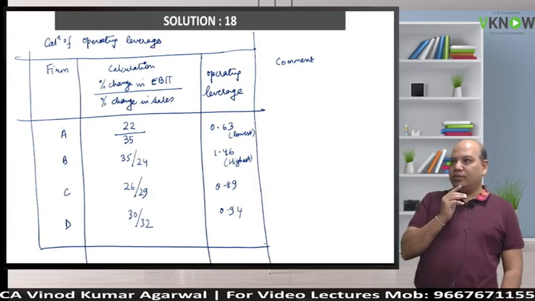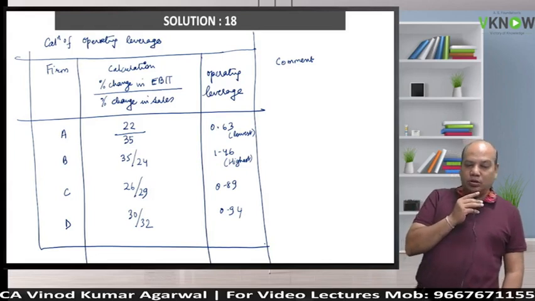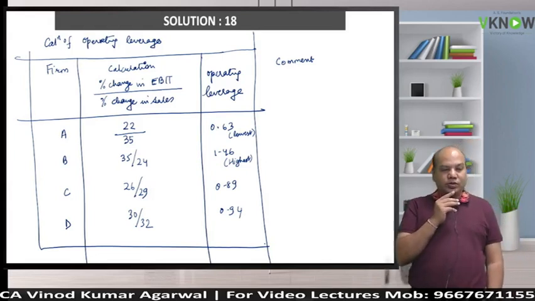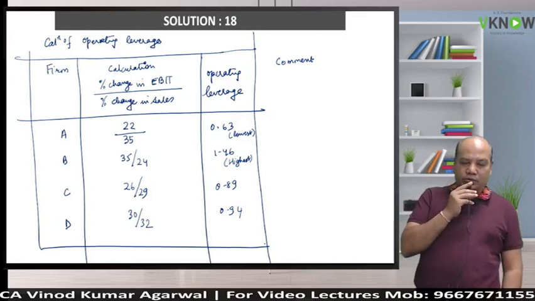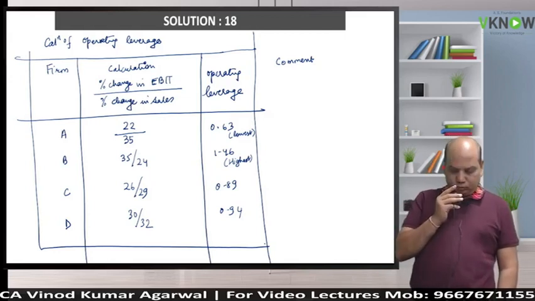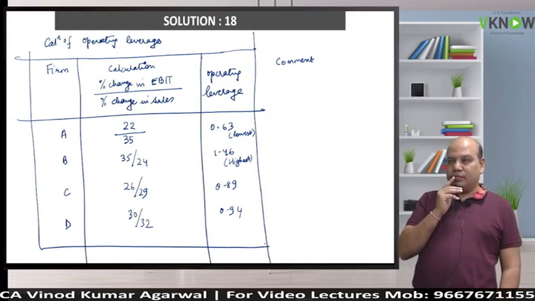Also, beta of A Limited is lowest because its operating leverage is also lowest.